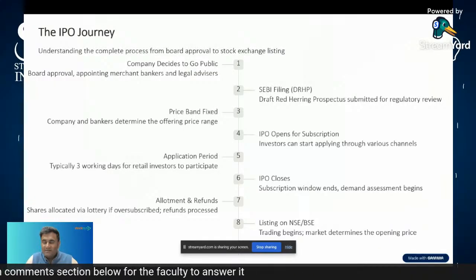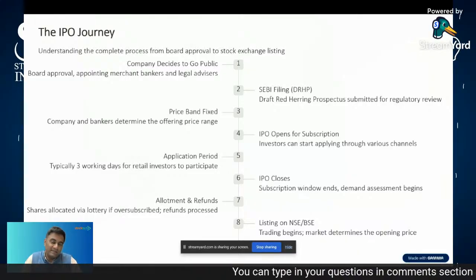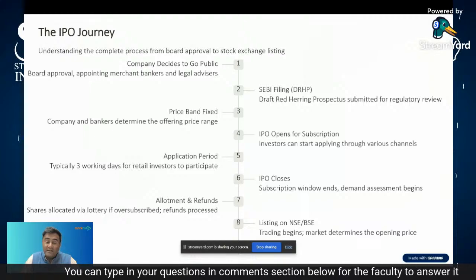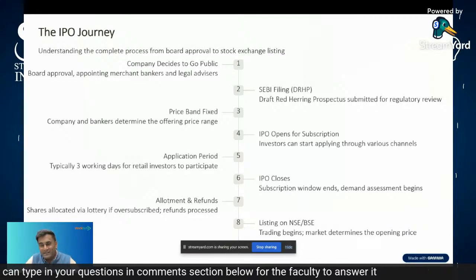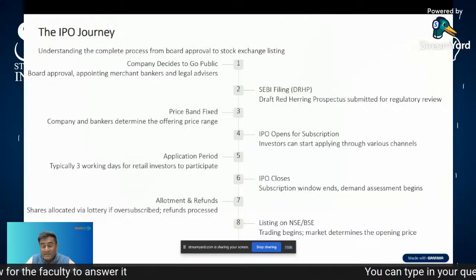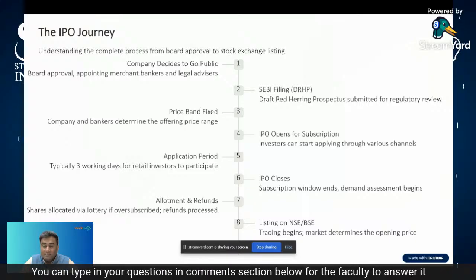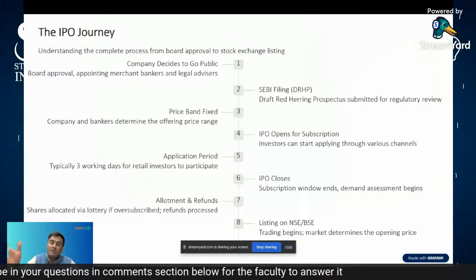By flat I mean at whatever issue price was there, or if the supply is more than the demand, then it can also open at a discount. So there are three possibilities, friends. Some IPOs which are actually done with the purpose of value unlocking, they tend to have bumper openings, that they just open with big premiums.